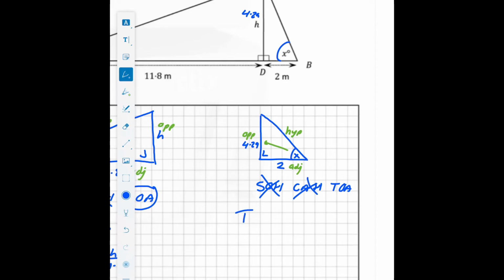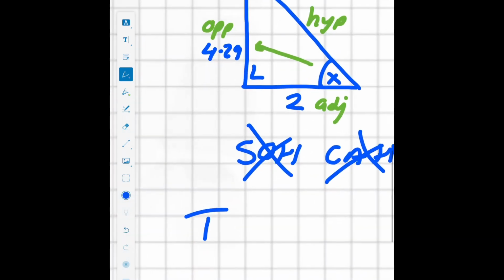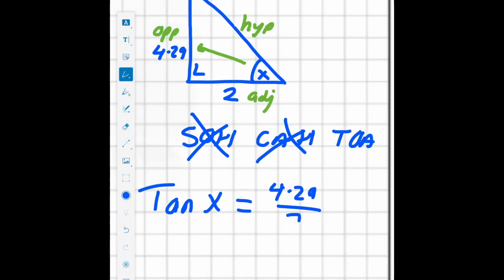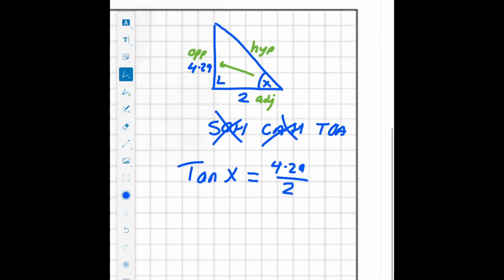So we're going to have tan X is equal to opposite, which is 4.29, all over adjacent, which is 2. Now, when you're looking for the angle, you need to use the inverse. So we're going to swap the X and the fraction around.